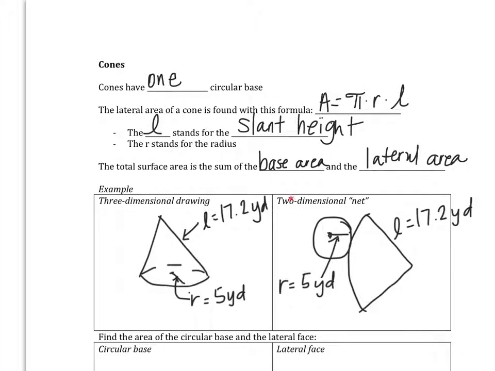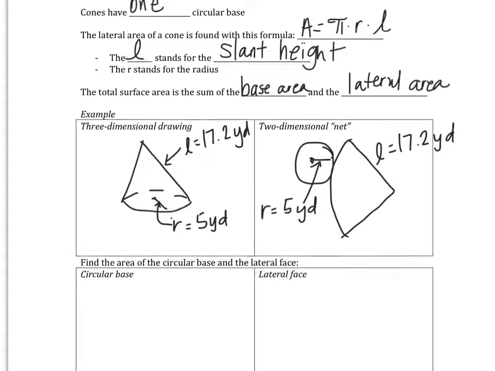So a two-dimensional net, which is if we flatten that out, then we're going to have a shape that looks like this. That's the cone part, and then this is the circular base. So if we find the area of this plus the area of that, we're going to have the area of the whole cone. So let's go ahead and do that.